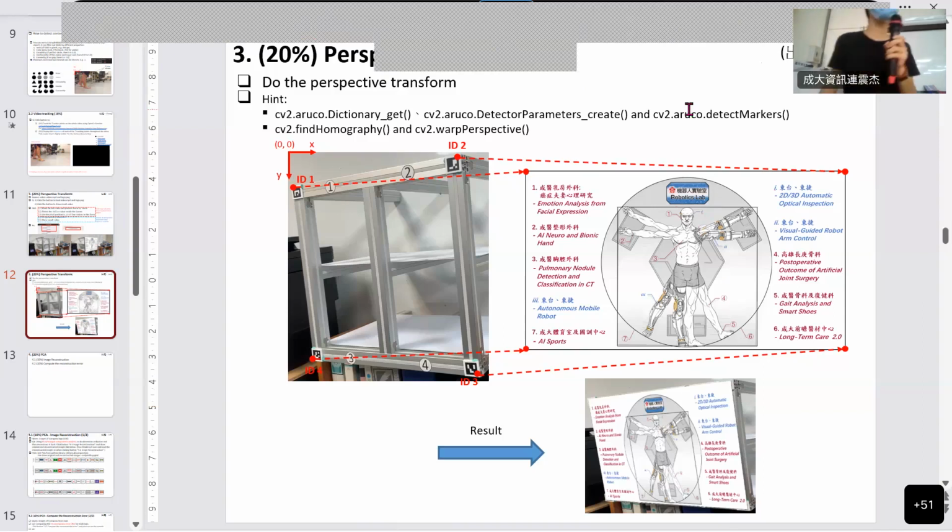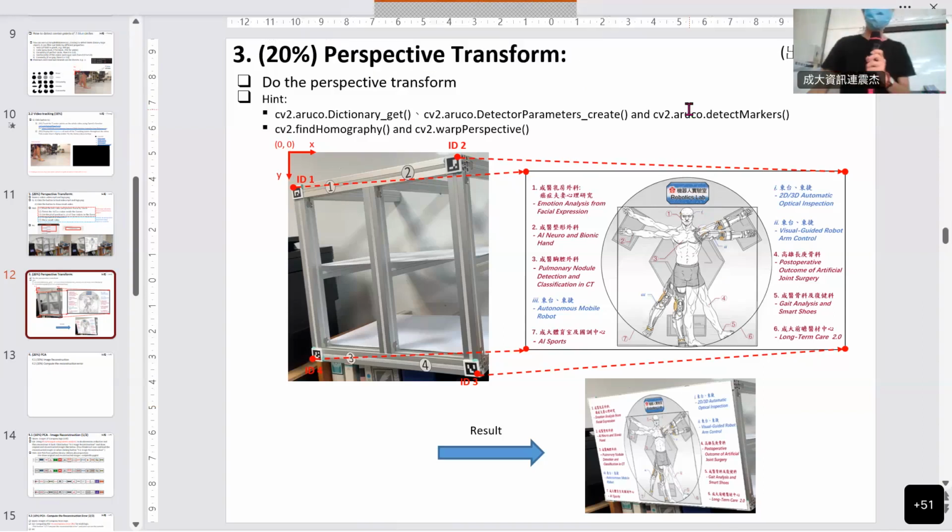Not clear. After you find the ArUco code, you use the findHomography OpenCV function to find the matrix, and use warp to project this image onto this plane to get the results.